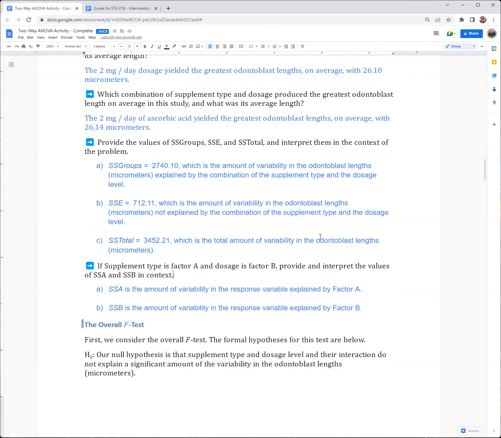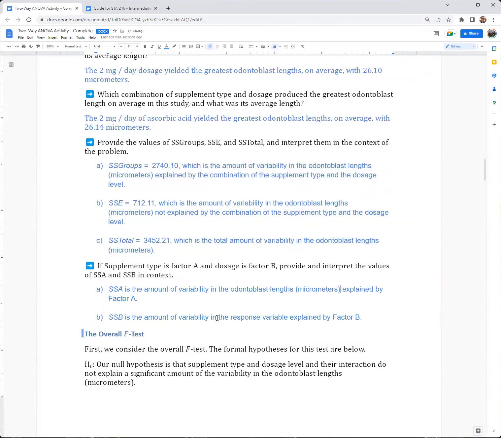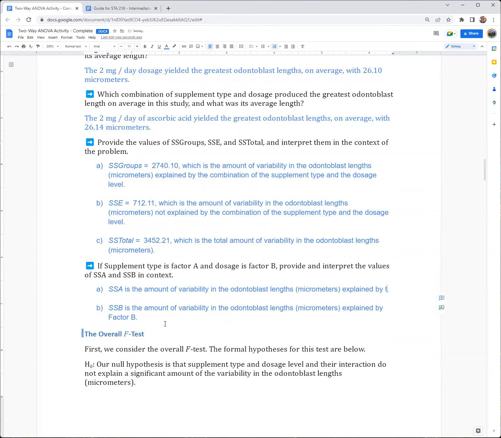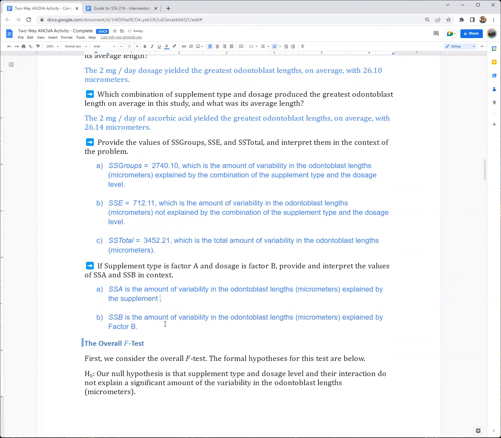So instead of response variable, we'll say the odontoblast lengths in micrometers. Explained by factor A, and instead of factor A, we'll say by the supplement type. And instead of factor B, we'll say by the dosage level. And then we still need to get these numbers as well.